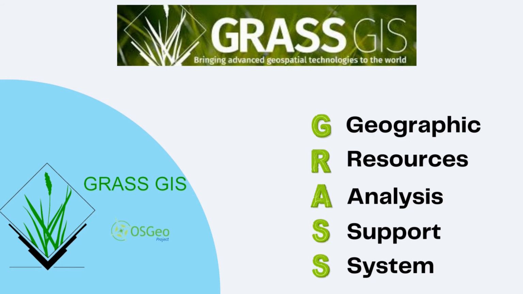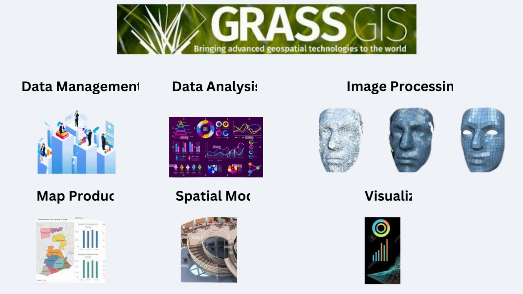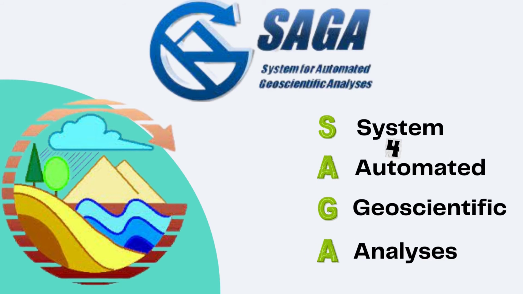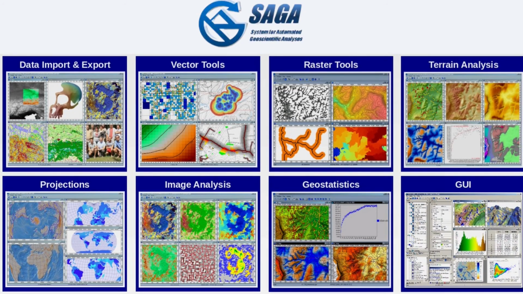It's a free and open source software used for geospatial data management and analysis, image processing, map production, spatial modeling, and visualization. The next application whose algorithms can be found in the processing toolbox is SAGA GIS, which is also an acronym which stands for System for Automated Geoscientific Analysis, which also, just like GRASS GIS and QGIS, is a free and open source software specifically designed for geoscientific data analysis.